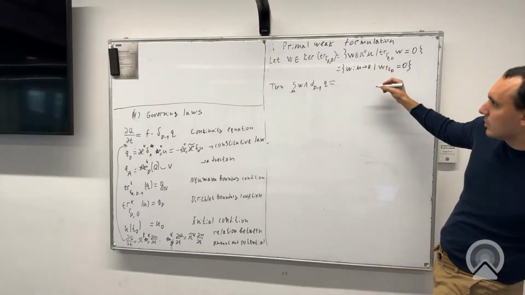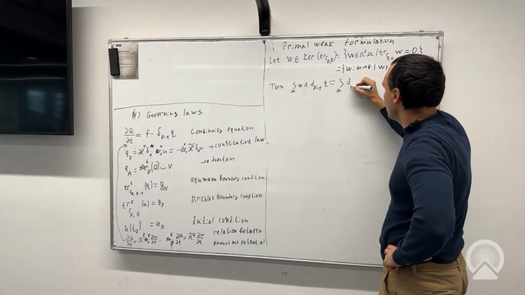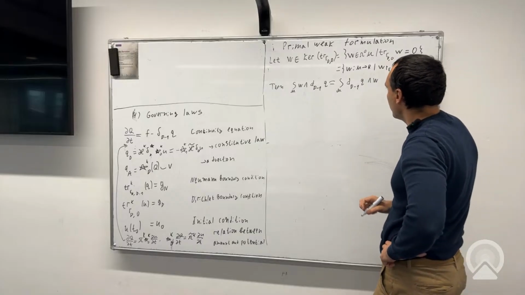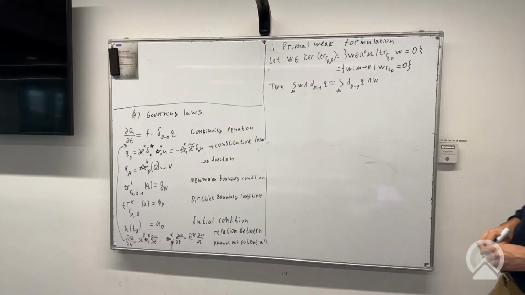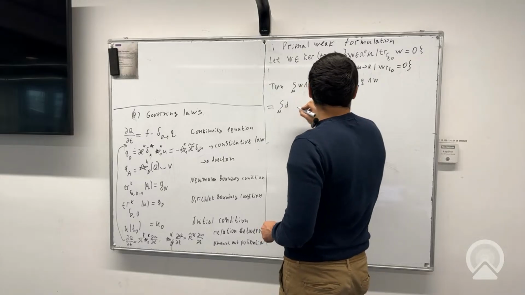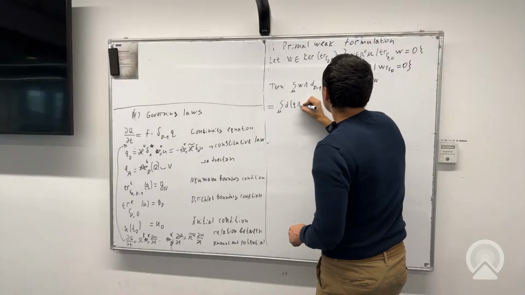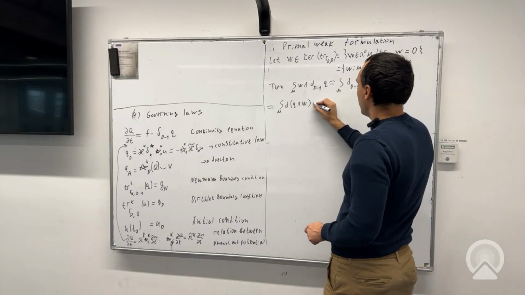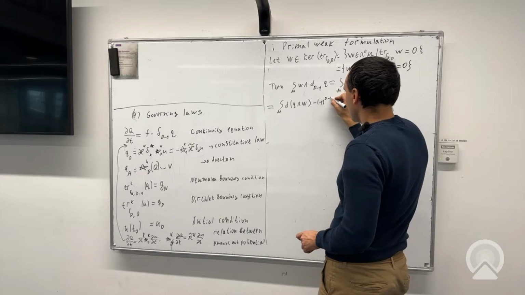This is the integral over M of d minus 1 q wedge W, and here we use the trick called integration by parts. We write this as the integral over M of d of q wedge W, which is minus 1 to the power of d minus 1, I think.